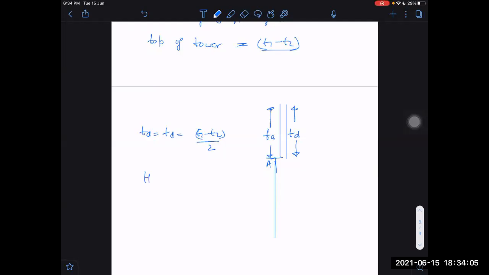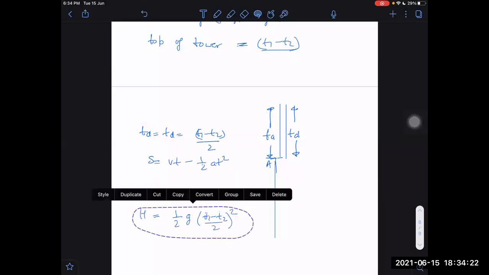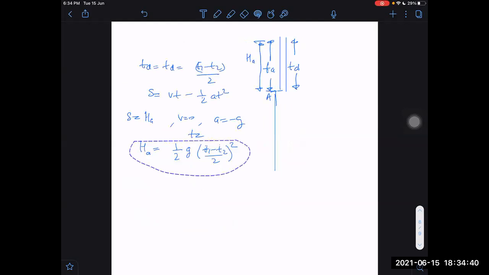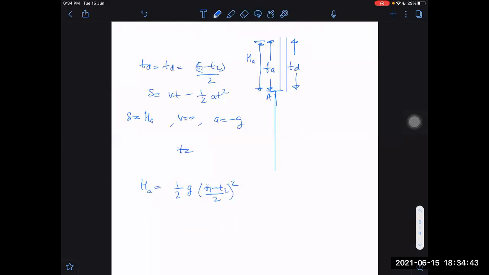Using the formula S is equal to Vt minus half at square. Let this extra height be HA, height of ascent. Then S is equal to HA, V is equal to 0, a is equal to minus g, and the time up to that phase is equal to t1 minus t2 divided by 2.